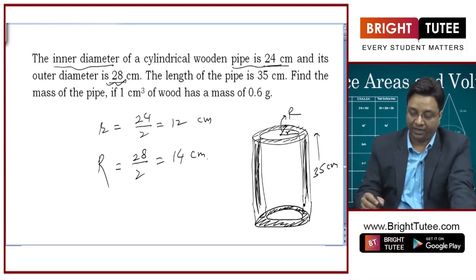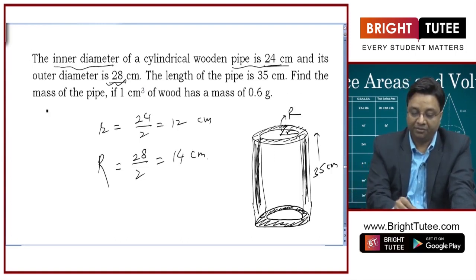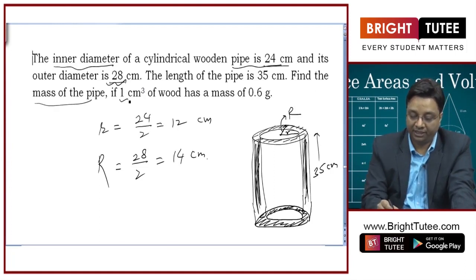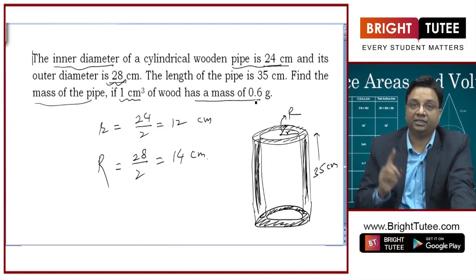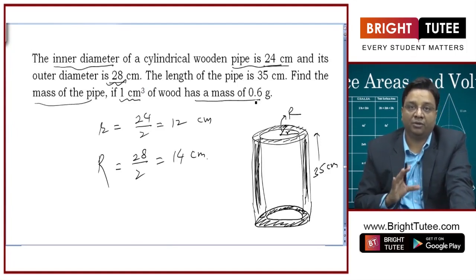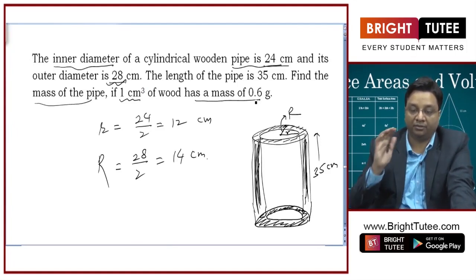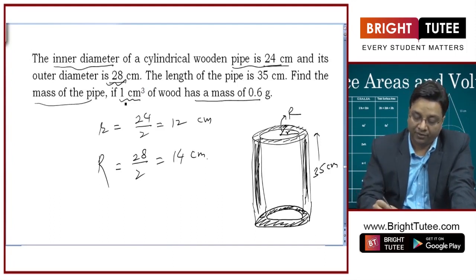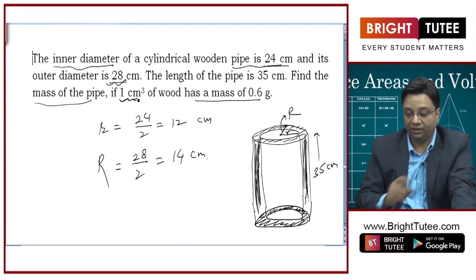This is the wooden material, and we need to find the mass of this pipe if 1 centimeter cube of wood has a mass of 0.6 gram. So you don't have to worry about mass and volumes and formula about this. You just have to know that 1 centimeter cube of wood will have a mass of 0.6 gram.